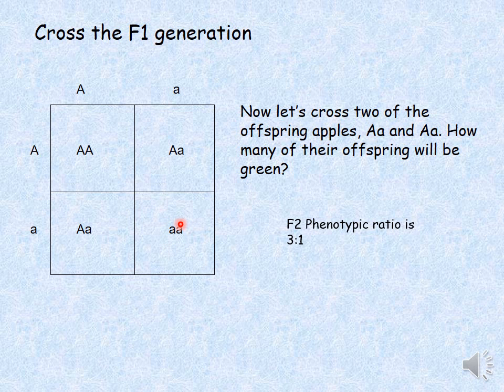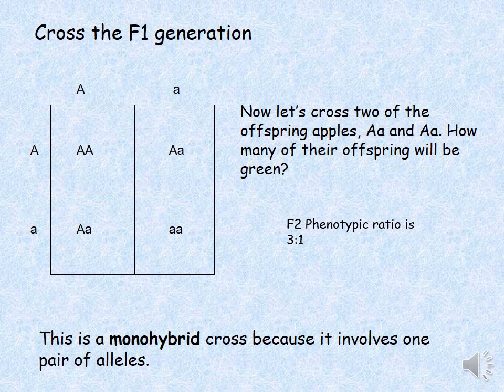So I said 75%, 25%. I'm cool with that way of expressing, or you could say a ratio of 3-to-1. And that is this phenotypic ratio. And the genotypic ratio, which I'm not sure is going to be written here or not, is basically 1-to-2-to-1, because big A is one genotype.